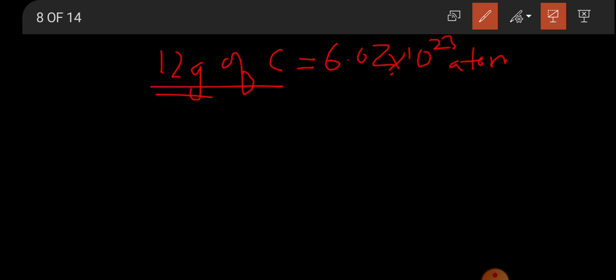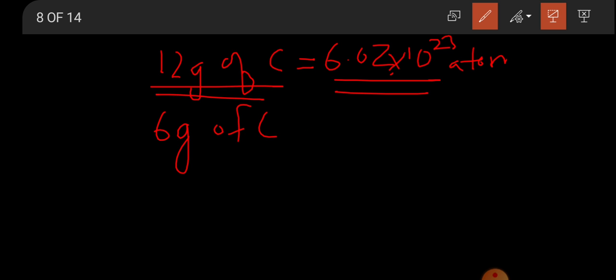12 gram means 1 mole of carbon, and 1 mole of carbon, that is 12 gram of carbon, contains 6.02 into 10 raised to power 23 atoms of carbon. And if the mass of diamond is 6 gram, so 6 gram of carbon will contain how many atoms?